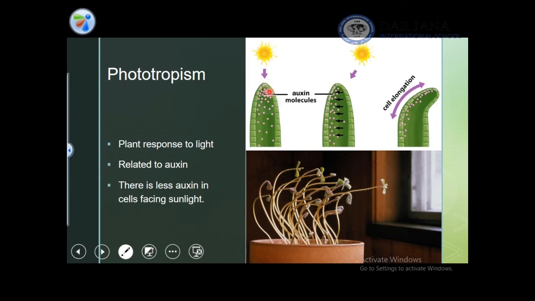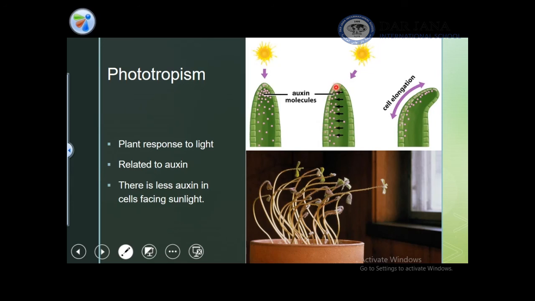Auxin molecules move away from the place where sunlight hits the plant. For example, here, when the sun is directly above the tip of the plant, the auxin will be available at the tip. But if sunlight starts moving to the right, auxin will gather on the opposite face, which is facing the dark part, not the light part.